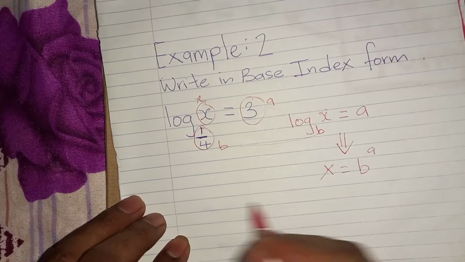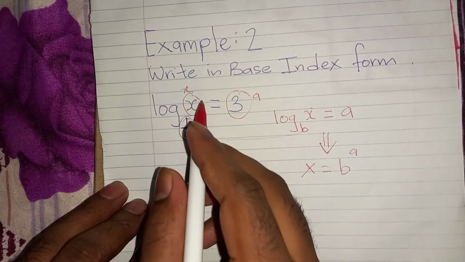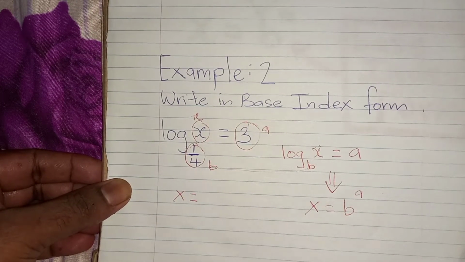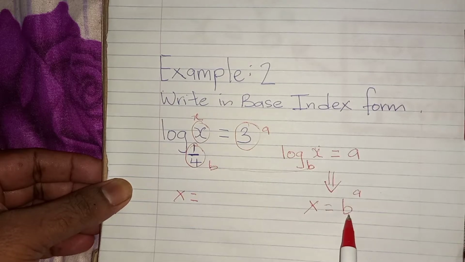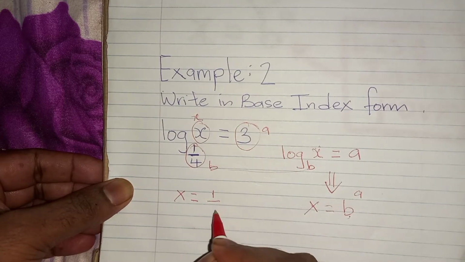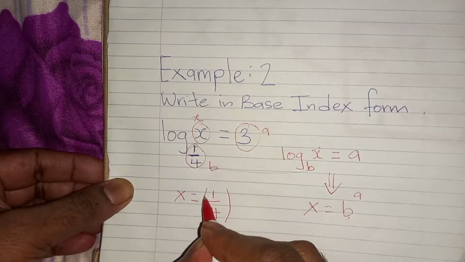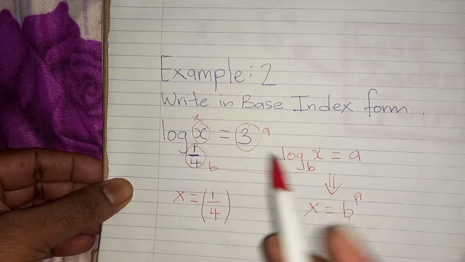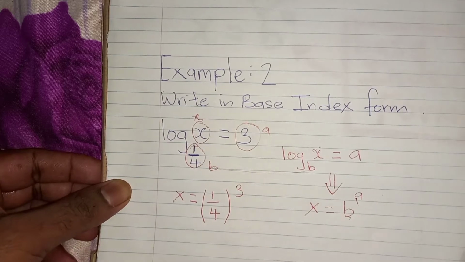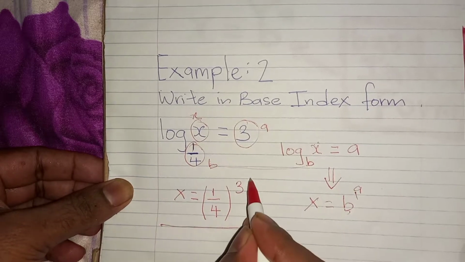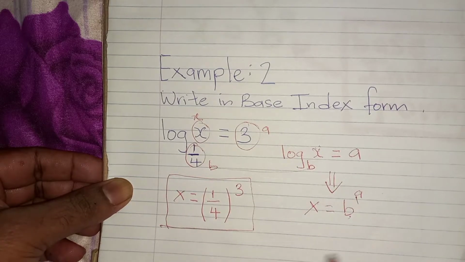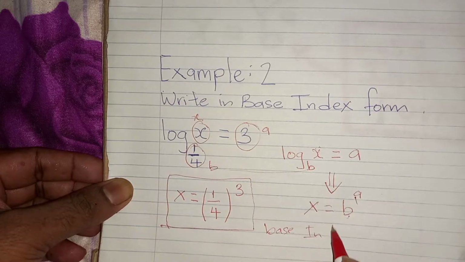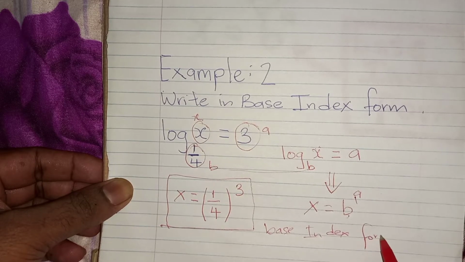So in base index form, this will be x is equal to our b, which is quarter, raised to the power a, which is 3. So this is our base index form.